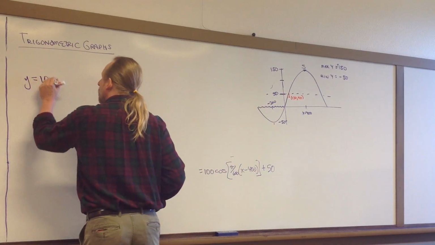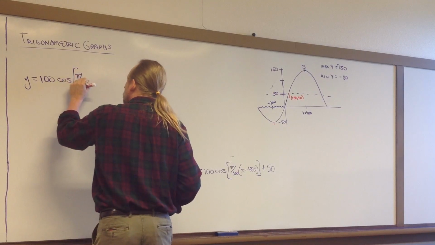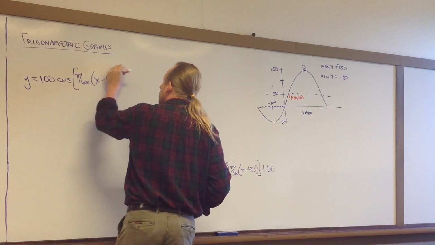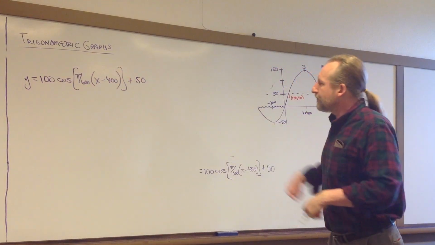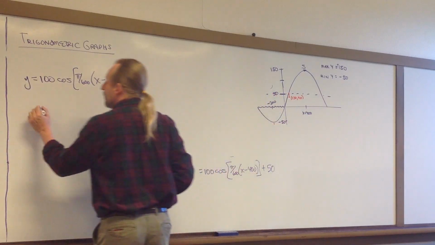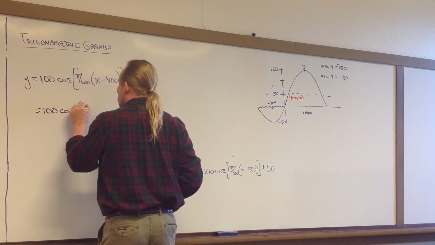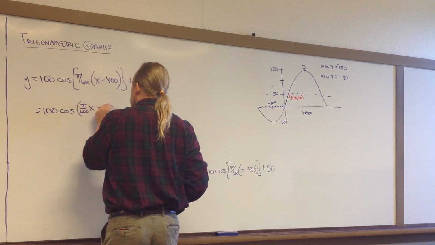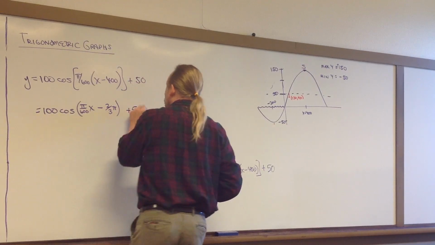Y equals 100 cosine pi over 600 times x minus 400, plus 50. Okay, and if you wanted to write this in the other format, then you could just write pi over 600 times x minus 2 pi over 3, and then plus 50.